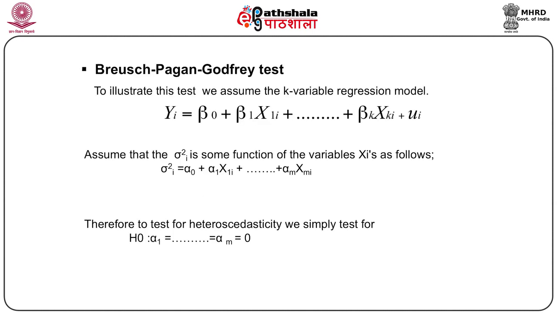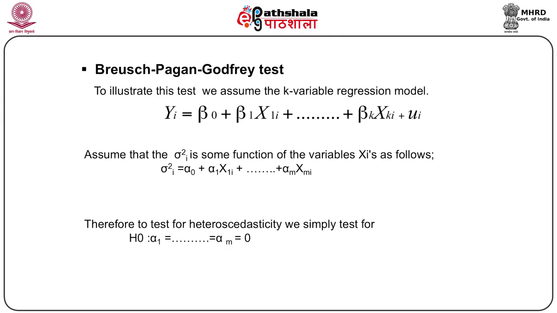To illustrate this test, assume a k-variable regression model, where the model is written as yi equals beta naught plus beta 1 x1i plus beta k xki plus ui, where ui is the error term and x1i, x2i, xki are the k explanatory variables.